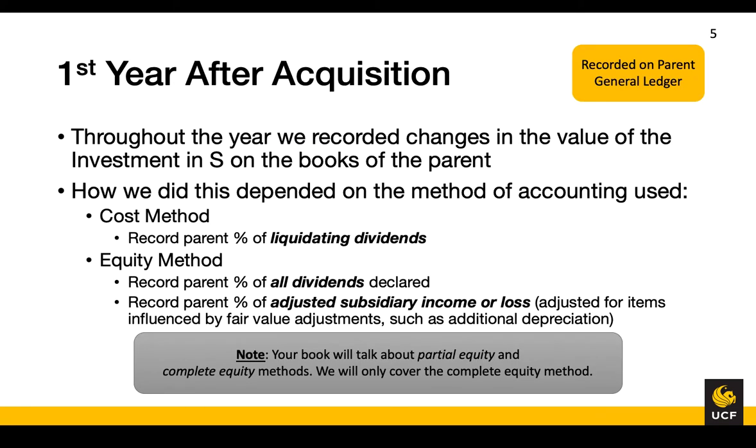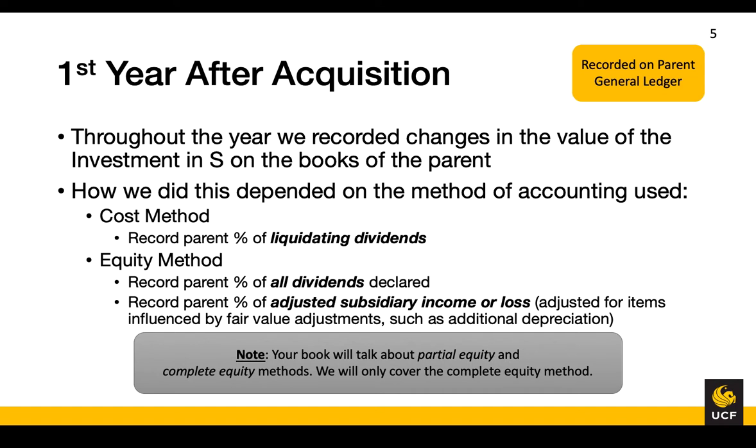Throughout the year, the parent company will record changes in the value of their investment depending on the method of accounting selected. If the parent company chooses to use the cost method, then the investment in S account will decrease when the subsidiary pays liquidating dividends, but otherwise will remain at original cost.